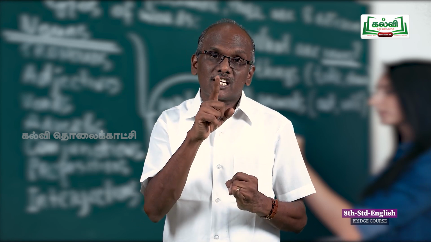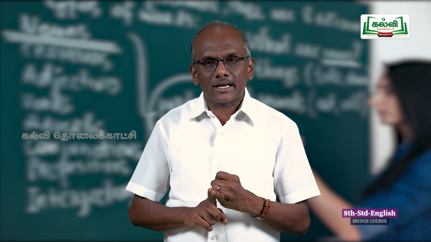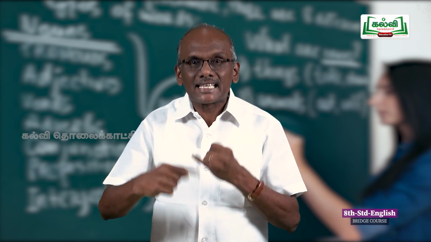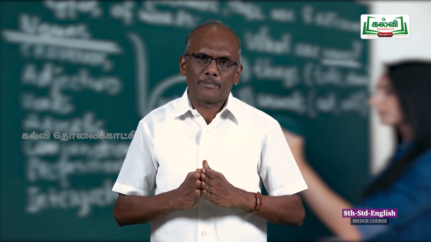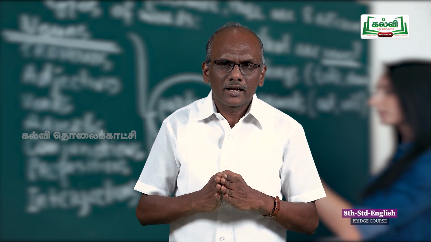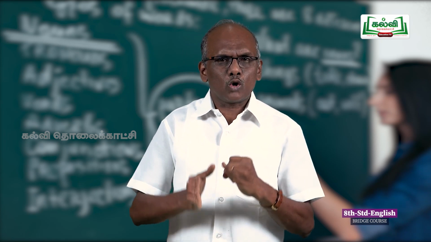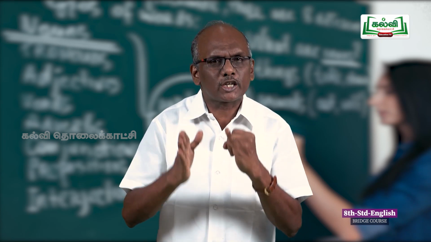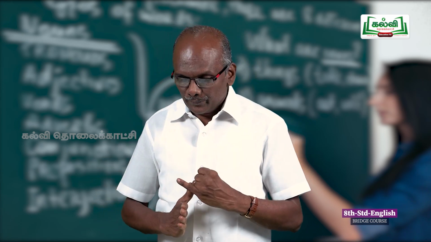So the sentence is negative, and we get the question tag "is she?" Then, you cannot solve this sum. Here the sentence is negative, so we are going to have the positive tag, "can you?"